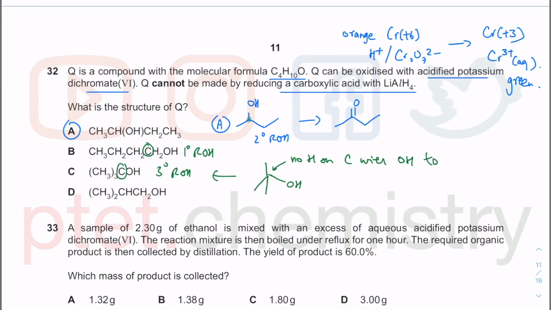If you don't have hydrogen there, you cannot lose what you never had to begin with, so it doesn't even satisfy the first condition. How about option D? Again, it's a primary alcohol. Even though this one looks complicated, the carbon with the OH is bonded to one of the carbons, so it's the same case as option B. You can get it by reducing carboxylic acid with lithium aluminum hydride to give you back your primary alcohol.